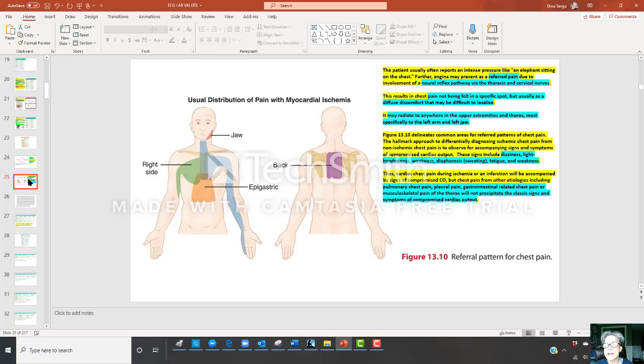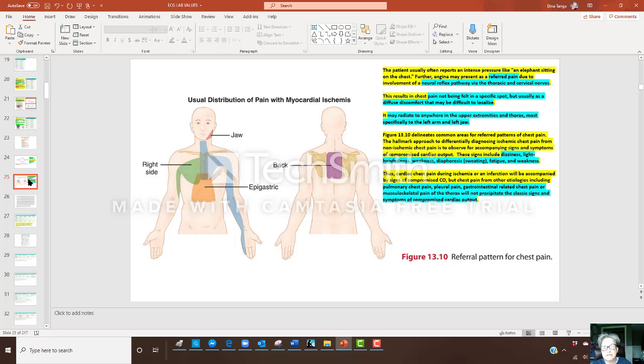This results in chest pain not being felt in a specific spot, but usually as a diffuse discomfort that may be difficult to localize. It may radiate to anywhere in the upper extremities or thorax, most specifically to the left arm and left jaw. This picture shows common areas for referred patterns of chest pain.